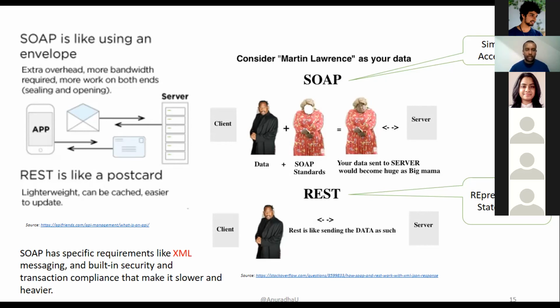So it is basically like a postcard. So that is what normally in the industry that we compare. So SOAP uses XML type of messaging, whereas REST uses HTTP type of messaging in these communications. The comparison is like SOAP is considered more bulky because it uses the SOAP standard and could get a bit heavier in terms of the communication, especially in IoT. And REST it's very flexible, and it's a very straightforward way of doing data transfer.